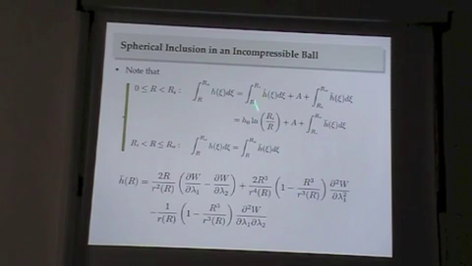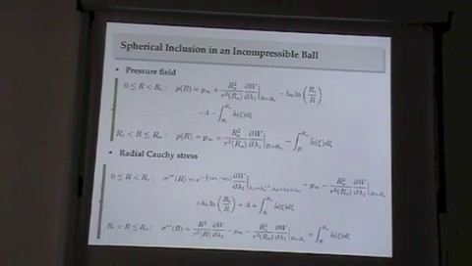Depending on where you are, you have something like this, and this h bar in these integrals looks like this. Again, the simplification of h hat. So this is the solution. Now your pressure field, this is what you apply on the boundary, is 0. You have this logarithmic singularity here, this unknown a, and outside the inclusion things look like this.